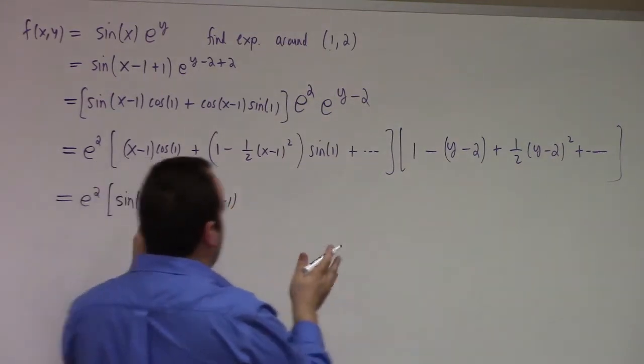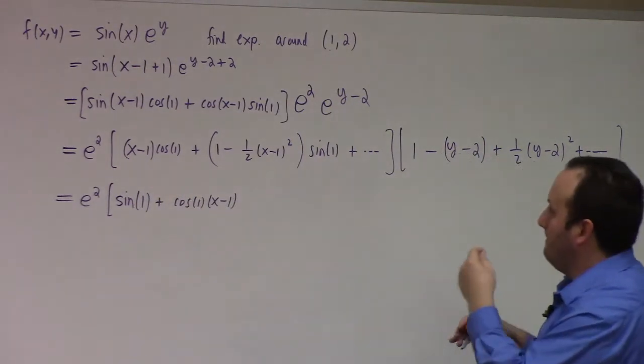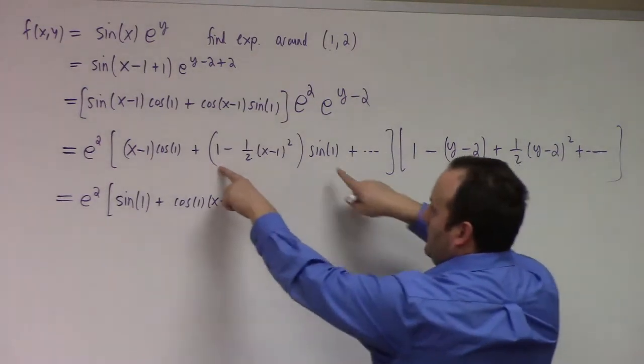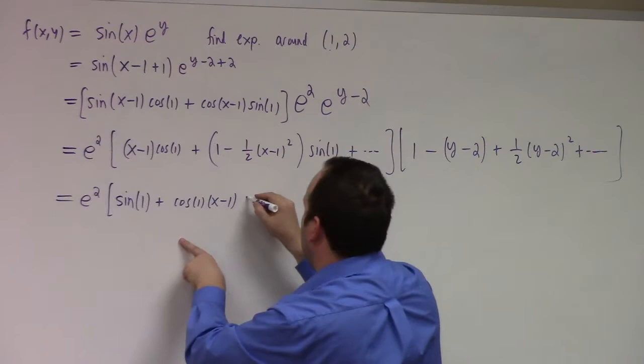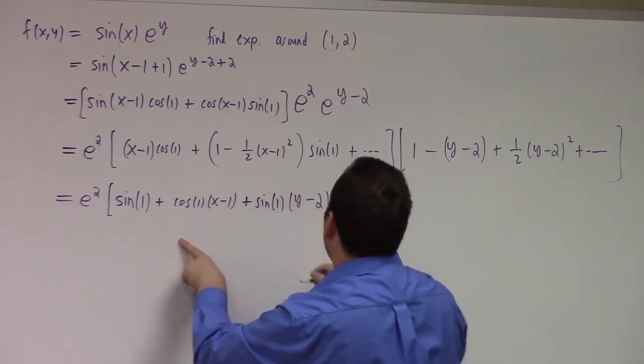Are there any other linear terms in this product? How about sine 1 times that? So I get plus sine of 1 times y minus 2.